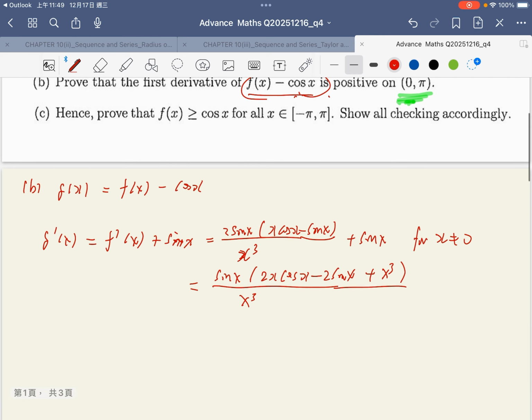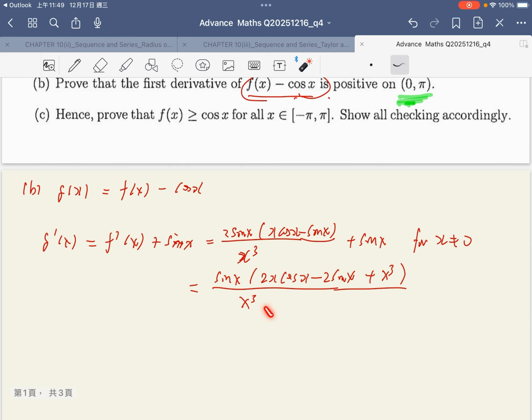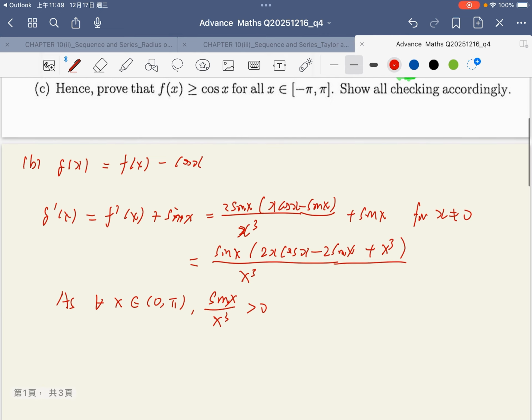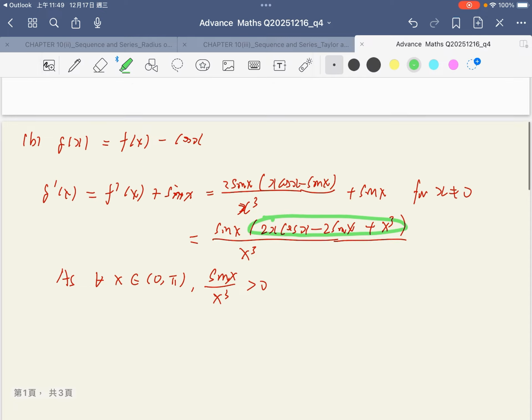Because sin x is positive for all x belonging to (0, pi), and x cubed is positive, therefore I only have to consider this part and see whether it is positive or not.